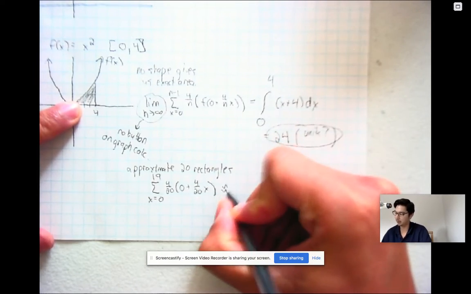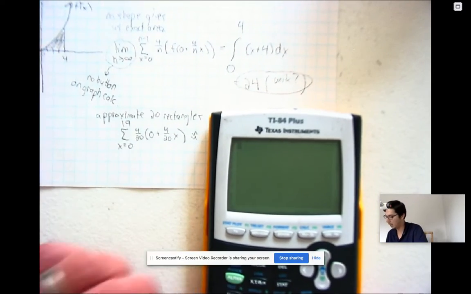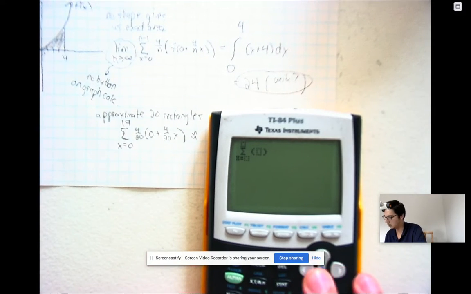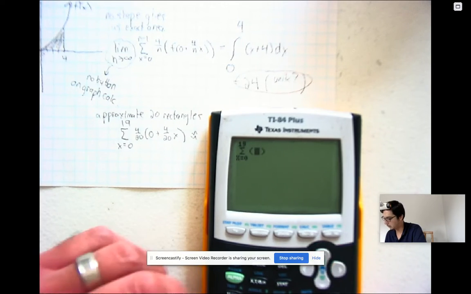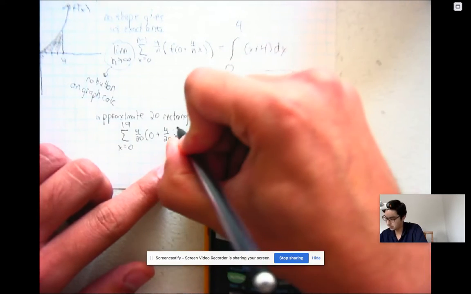If you put that in a calculator, let's see what happens. We go to math, summation, from x equals 0 up to 19 of 4 over 20, and then the function. Oh, sorry, this should be squared.